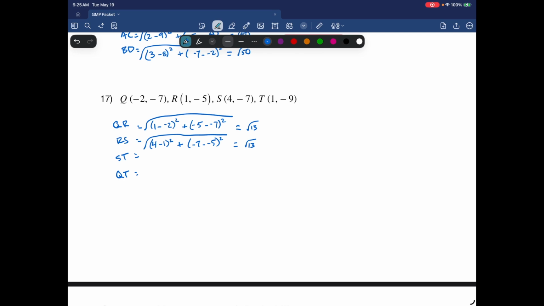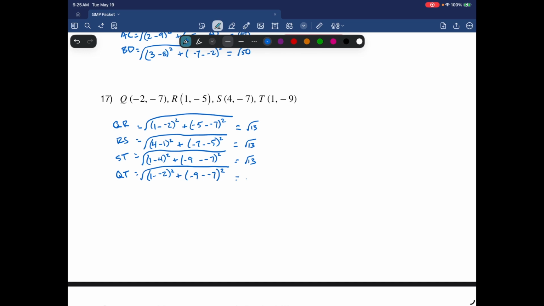All right, ST, that's going to be 1 minus 4 squared plus -9 minus -7 squared. Calculator says that's square root of 13. All right, QT, that's going to be 1 minus -2 squared plus -9 minus -7 squared.